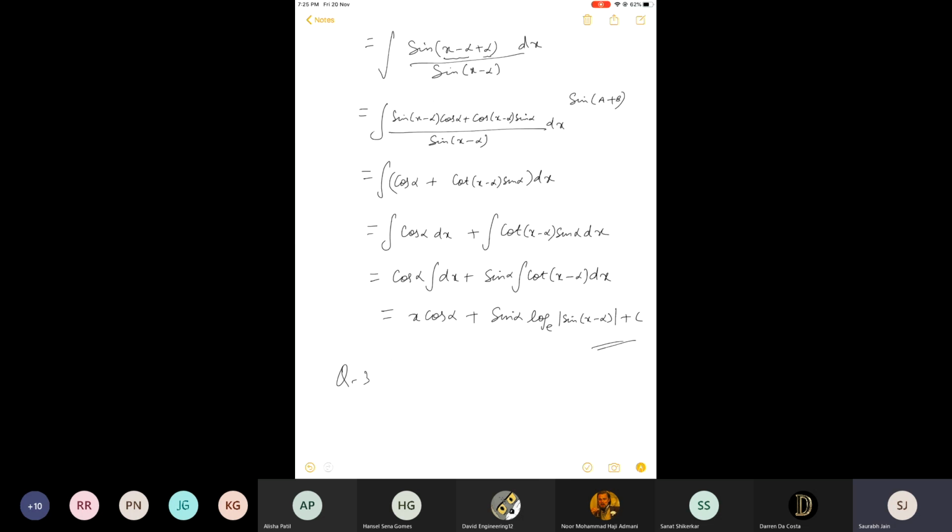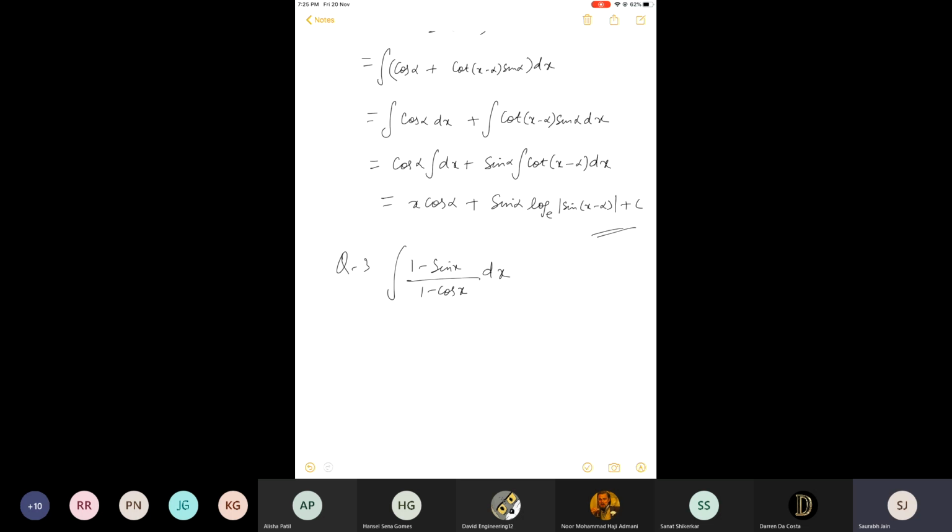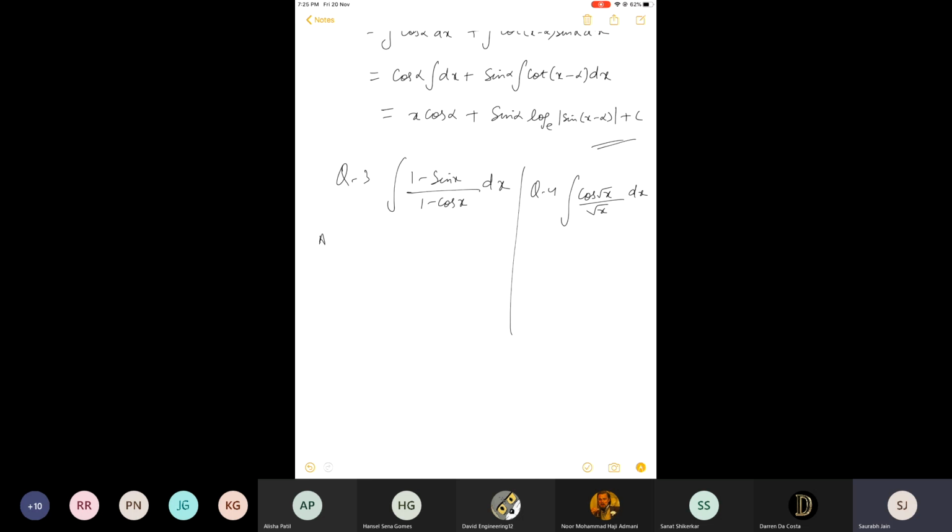Let us write the third question now: (1 minus sin x) upon (1 minus cos x). In trigonometric questions containing trigonometric ratios, trigonometric formulae are very important.